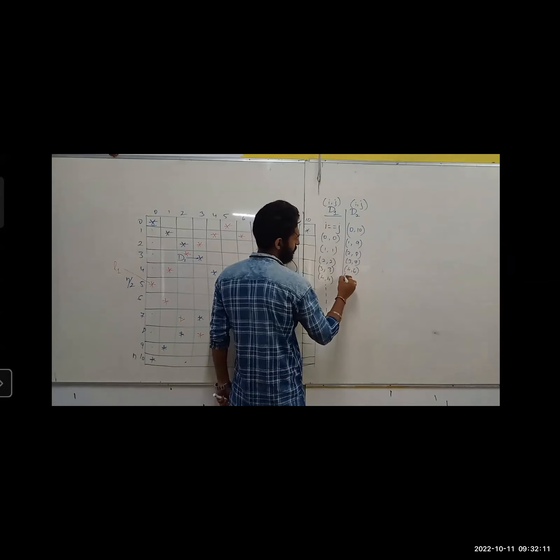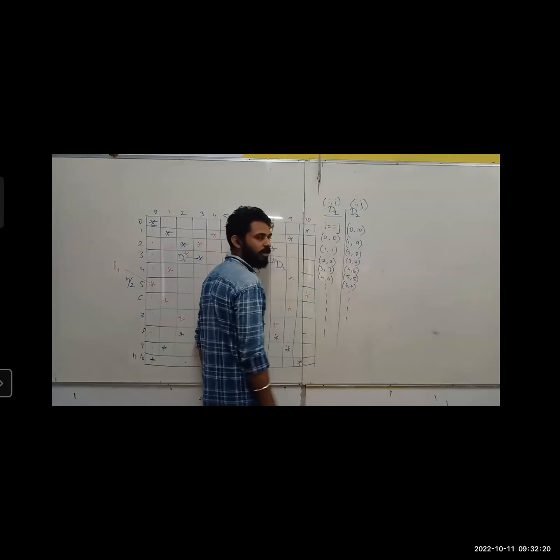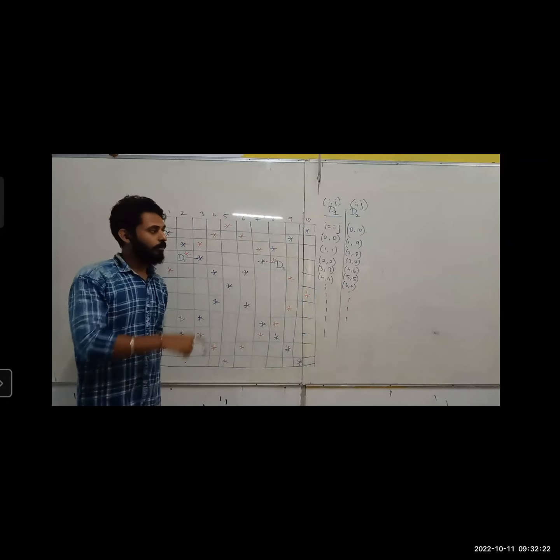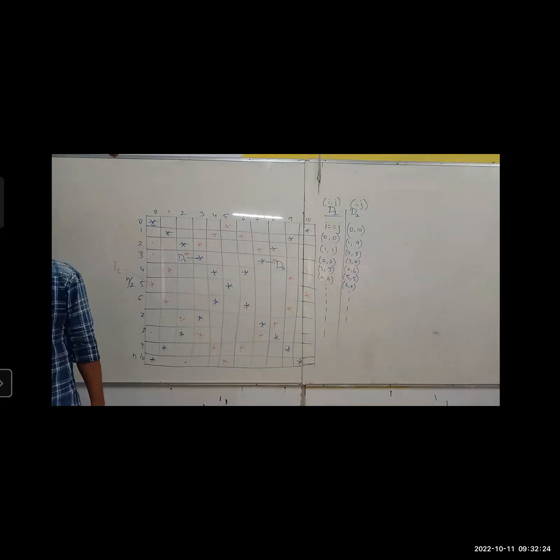N minus I. If you observe in everything, definitely there is one similarity.